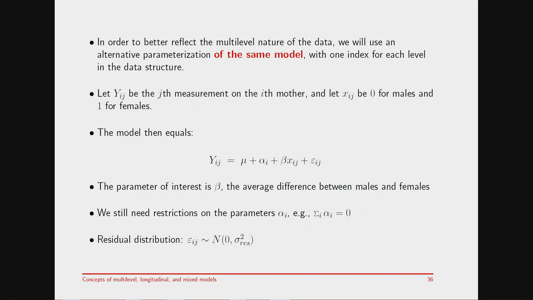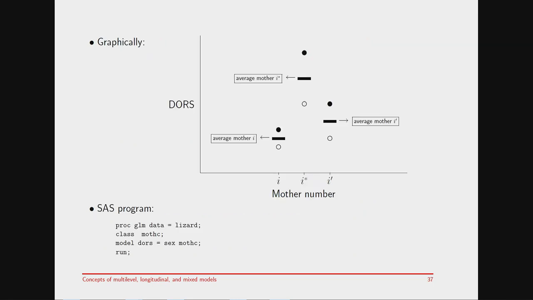So beta is the parameter of interest. But again, I have too many parameters because there are still too many of these alphas, and I use the restriction that the sum of the alpha i is equal to 0, and the residuals still follow a normal distribution as before. So far, nothing has changed in the model. It's just a slight reparameterization of the same model.